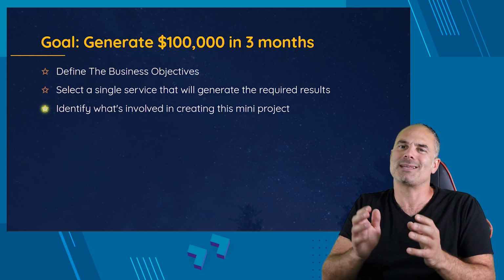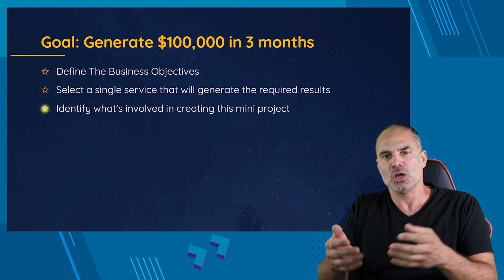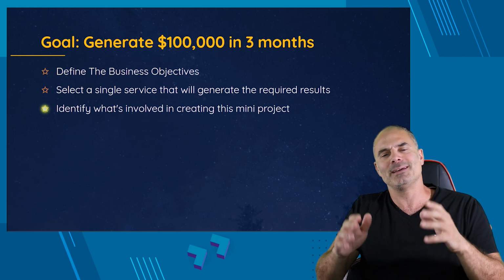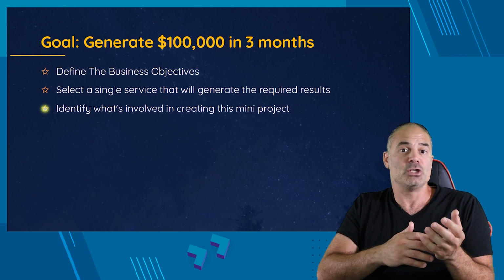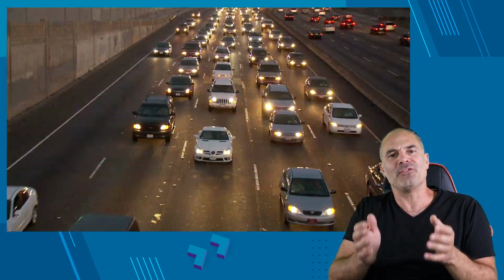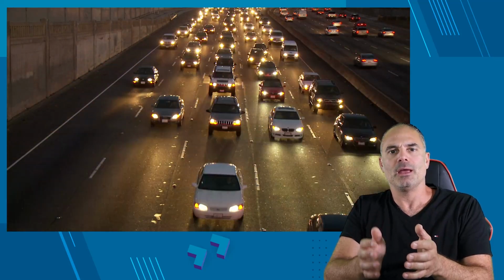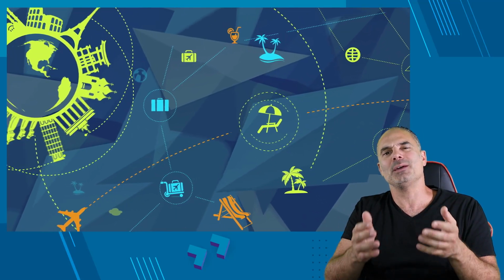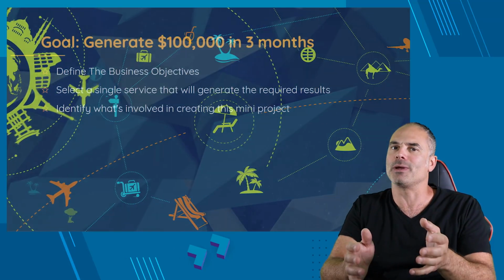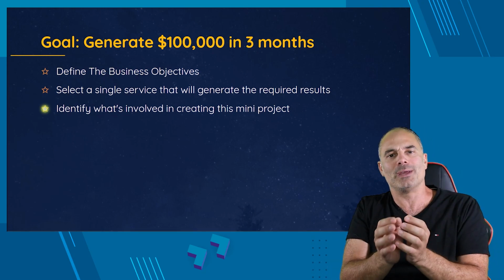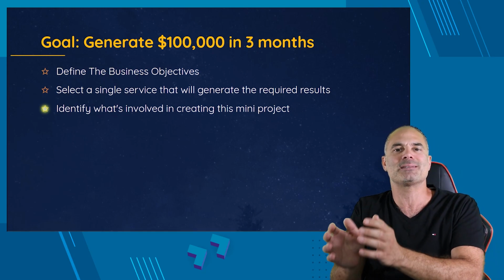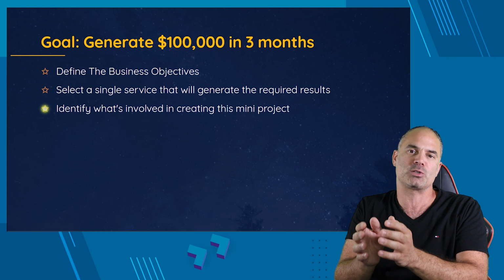So that's also something that we're going to see. So as you can understand, we're identifying a goal, let's say driving to England. We're also identifying what vehicle will take us from here to England, and we're also trying to see what's involved in this trip. So all those together will serve the business objective and the purpose, which is the goal.